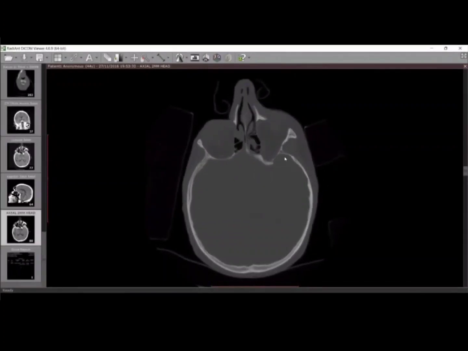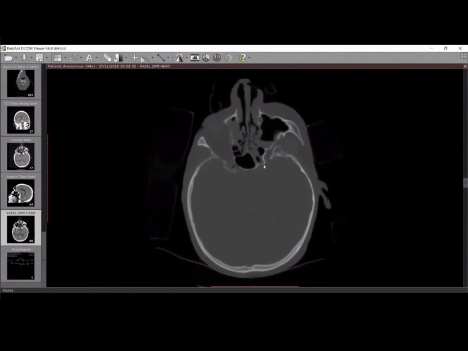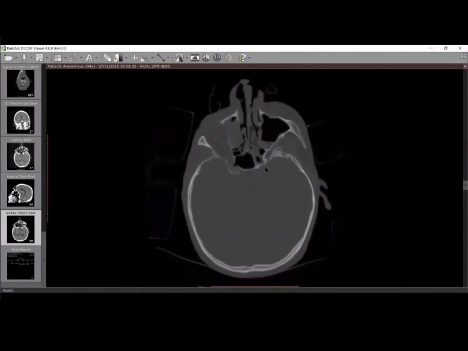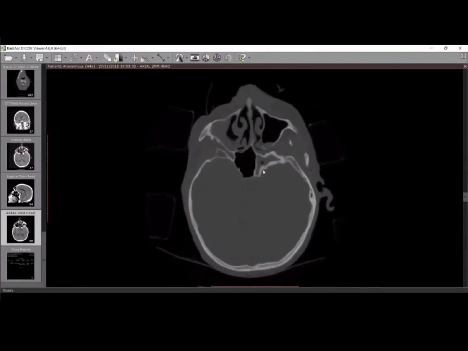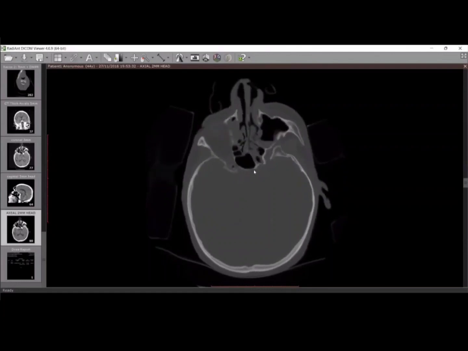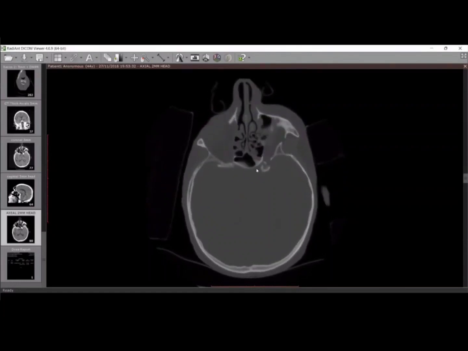Okay, so I believe there is a fracture, there is dehiscence of the bone at the posterior aspect of the sphenoid sinus. That is why there is fluid in the sinuses. There also seems to be a fracture involving the lateral wall of the orbit, as well as the apex of the left orbit.